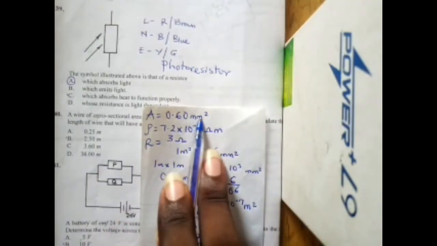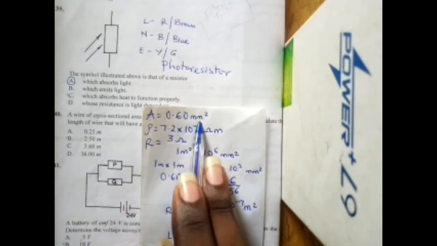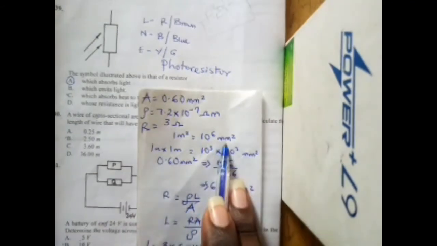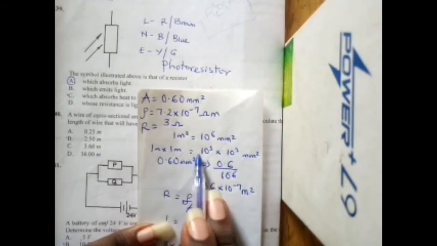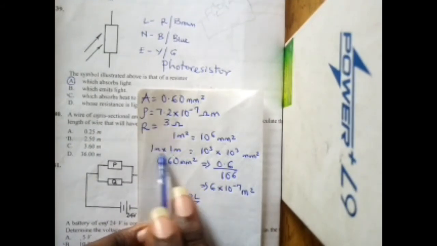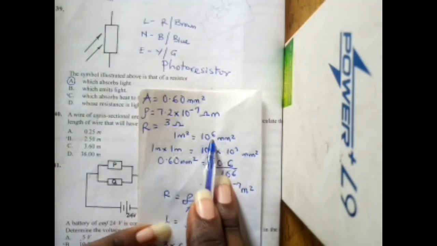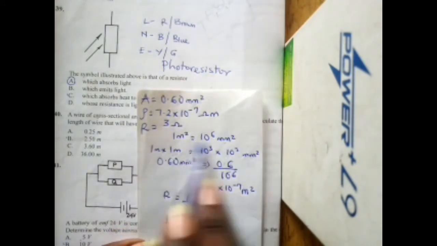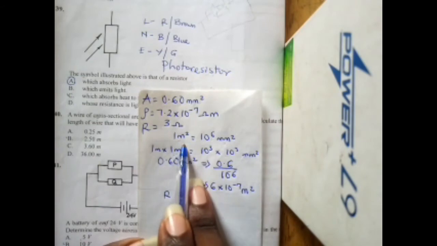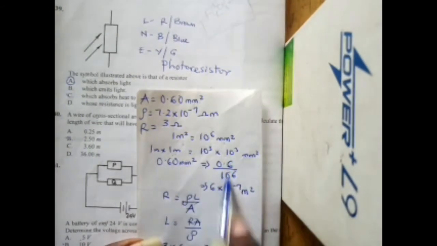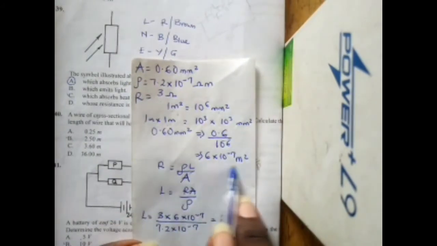Now you have millimeter square and meters, so I convert millimeter square to meter square. 1 meter square is equal to 10⁶ millimeter square, since 1 meter times 1 meter is 1000 mm times 1000 mm. So I convert from millimeter square to meter square: 0.6 divided by 10⁶ gives me the area in meter square.